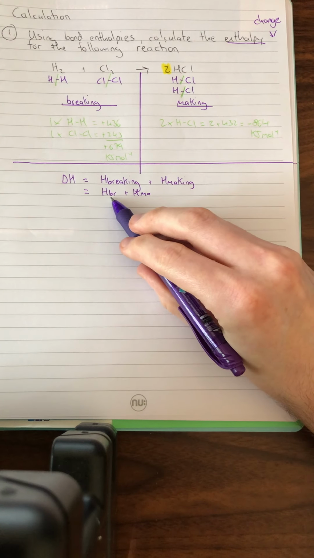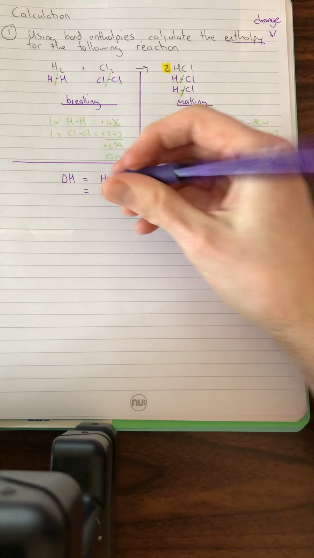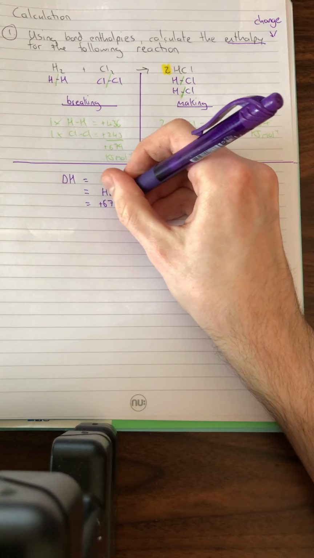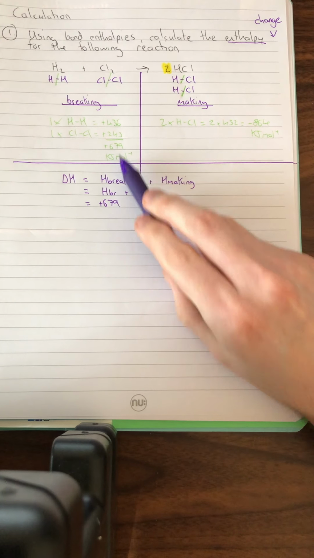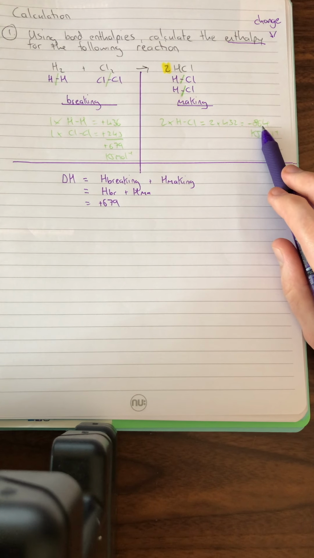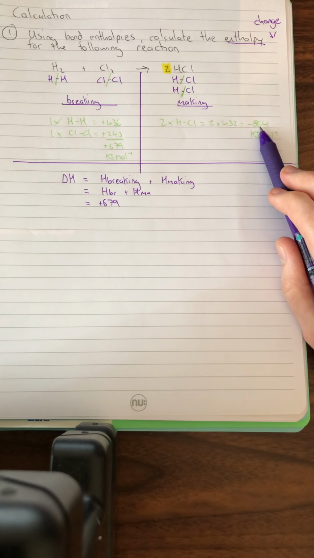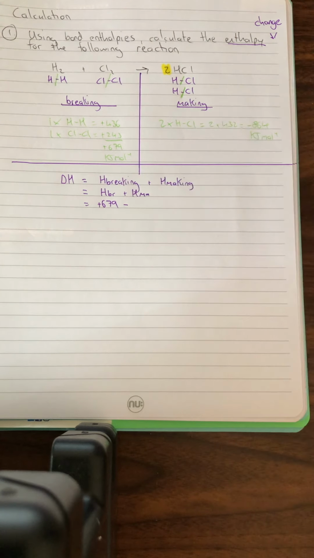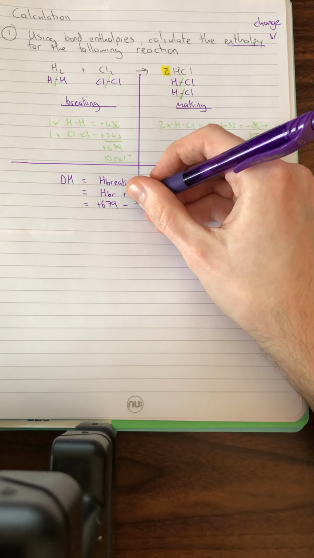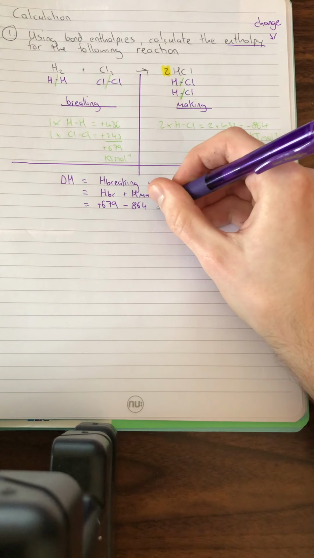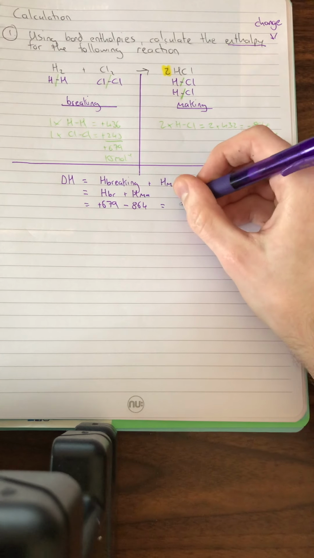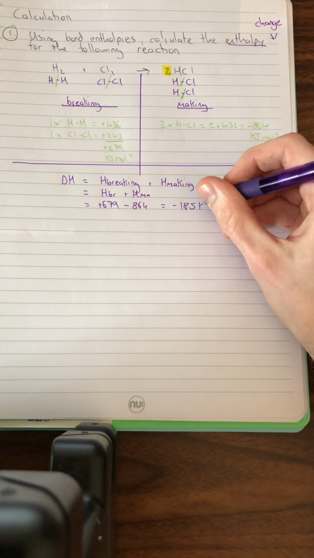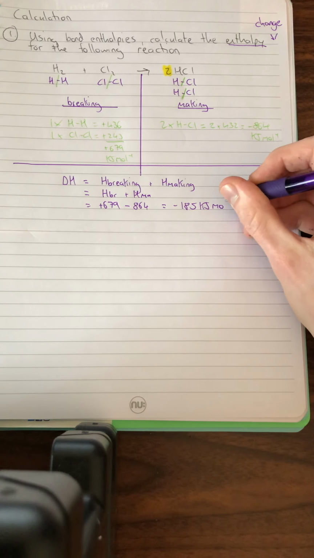Okay, so H breaking is positive 679, yeah, and the making is negative 864. So if we add a negative, we're essentially just taking it away. So take away 864, and we should be getting a value of negative 185 kilojoules per mole.